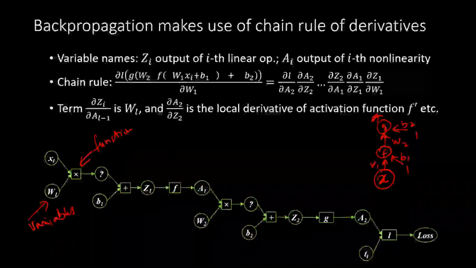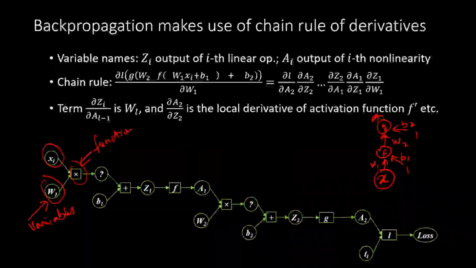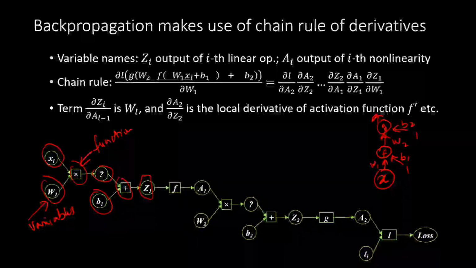But before we go to that convention, let's look at the basics. We have the variable x, which is the input, being multiplied with weight w, and this is the multiplication function. Once these two are multiplied, we get some output, and then we have the addition function in which we add the bias b1, and what we get out is a variable z1.